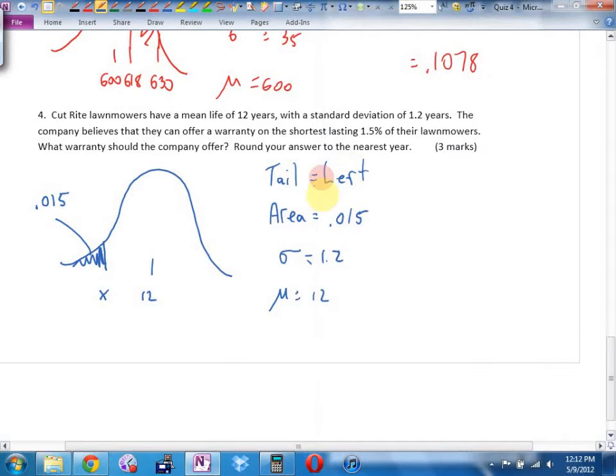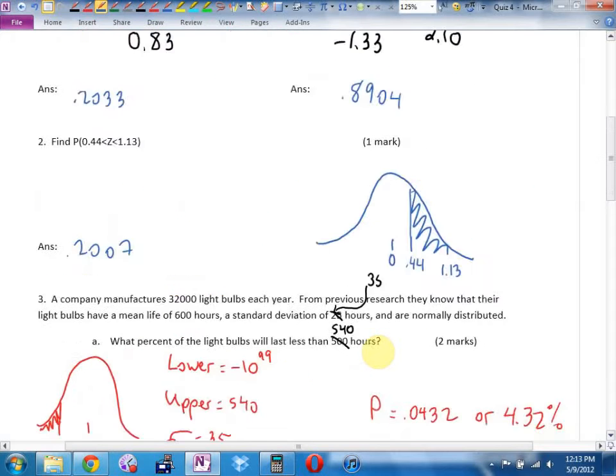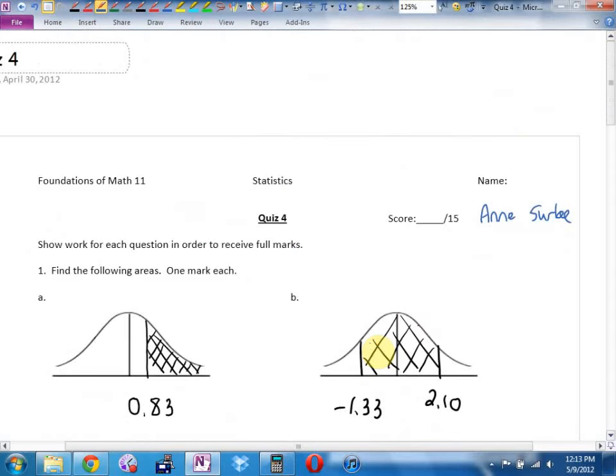Oh, it says to the nearest year. 9 years. If you got that, full marks, if you showed me what you typed in. If you didn't show me what you typed in, take off a half mark or 1 mark. But if you have done that earlier, don't keep taking off 1 mark for the same mistake. Is that okay? Can you give yourself a score, please, out of 15, please.